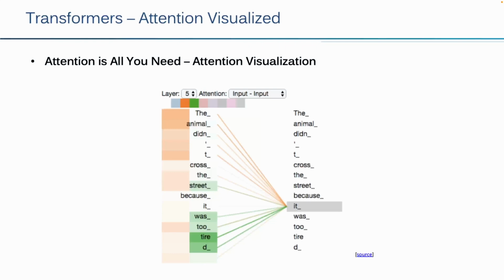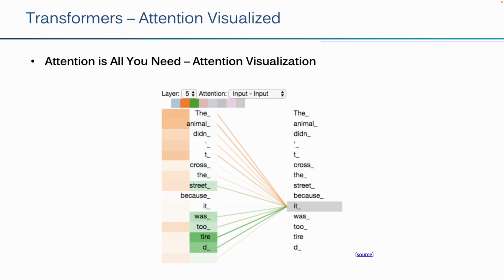Okay, so how does it look like? I gave some examples, but this is actually visualized attention. Each of these colors represents a different head of the multi-headed attention. So this is one attention layer, and they learn different things. So for example, you can quickly read the sentence if you want. The animal didn't cross the street because it was too tired. In one layer, the yellow one, it relates very much to the animal, which is expected.